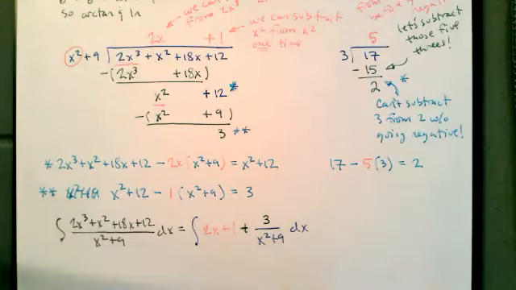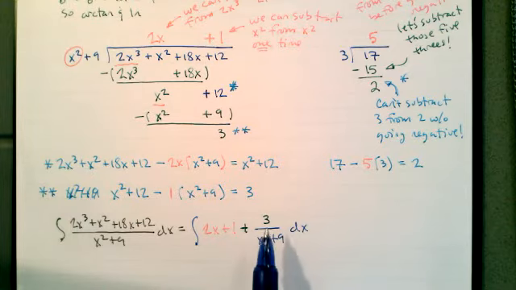Now, the fraction part is a constant over a quadratic with complex zeros, and that's going to give us an arctangent.